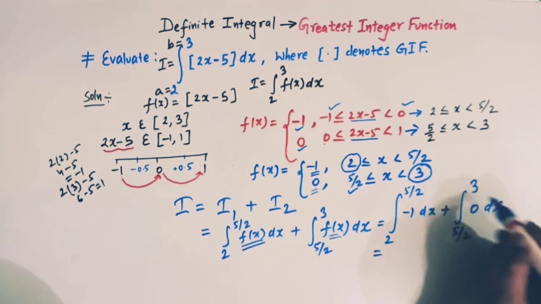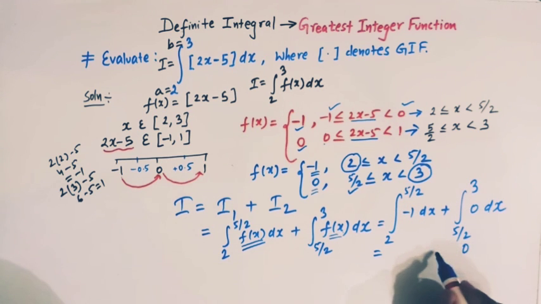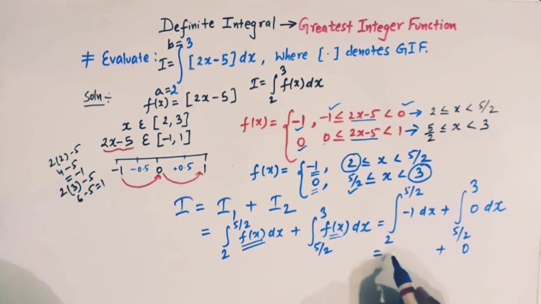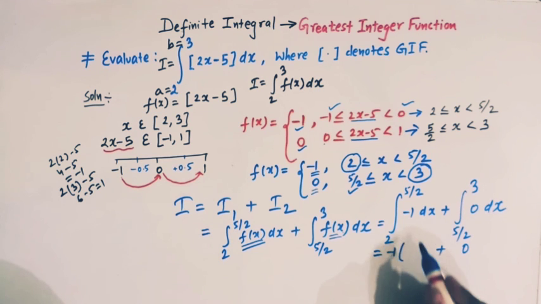So now the value of this integral is 0 here, and here we have minus 1, and the integral of dx is x, and the limits are from 2 to 5 by 2. Clear?